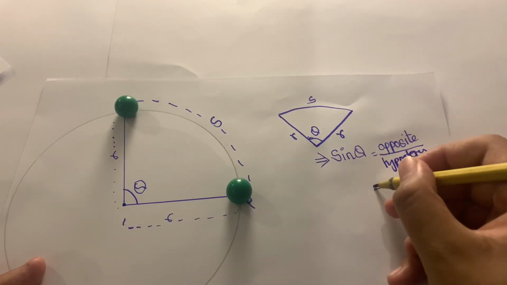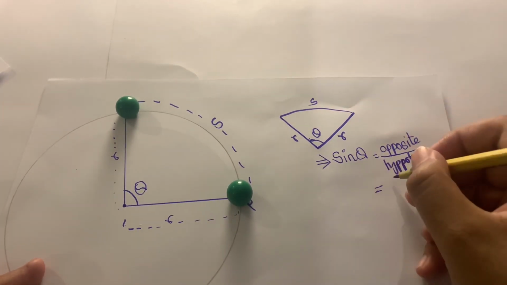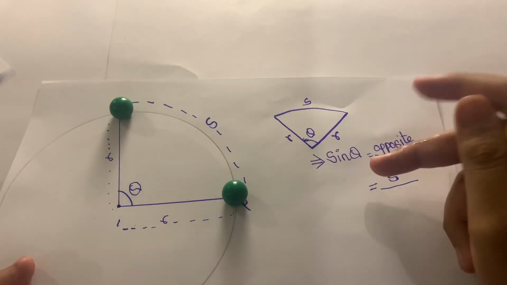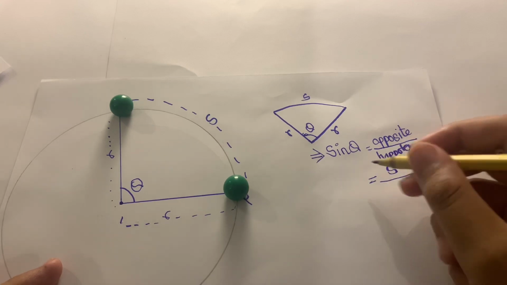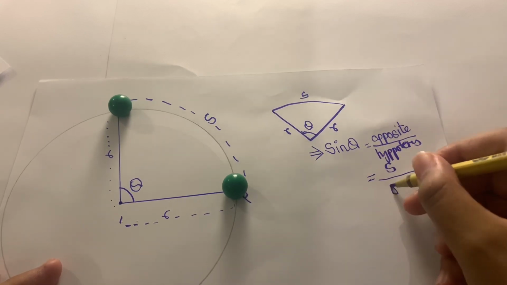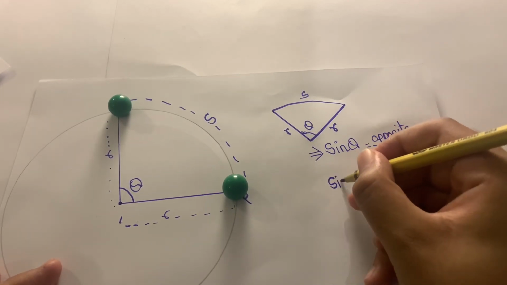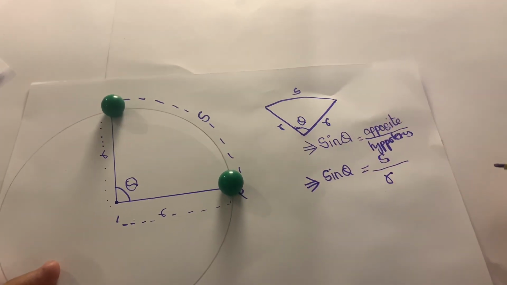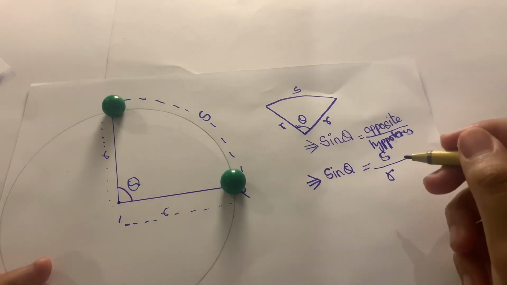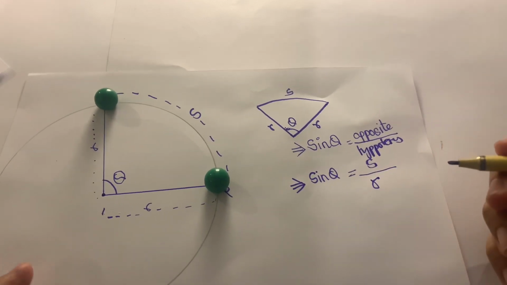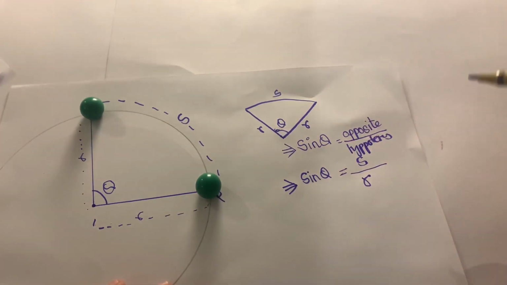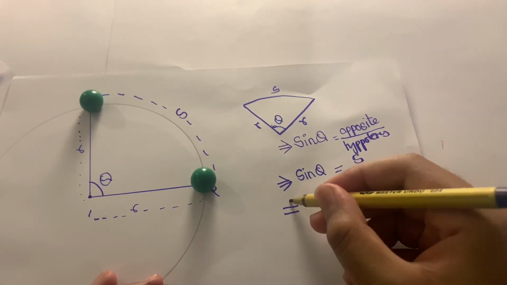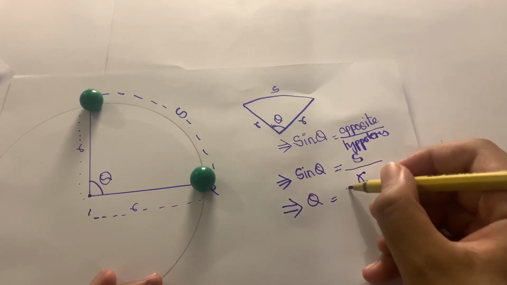In this case, the opposite will be the letter S, which is the arc length, over R, because both sides are the same, so we could take either of them, which will be R. We are left with sine theta equals S over R. Now we imagine that theta is very small, so we could just remove sine from this equation, and we are left with theta equals S over R.